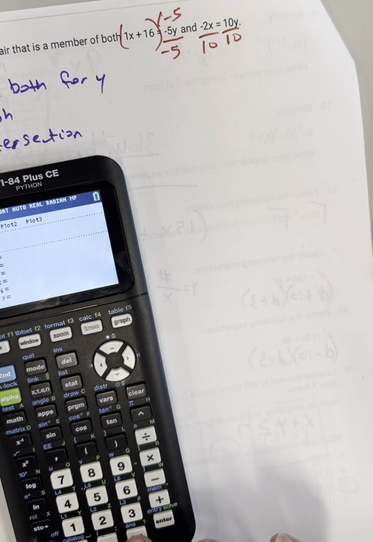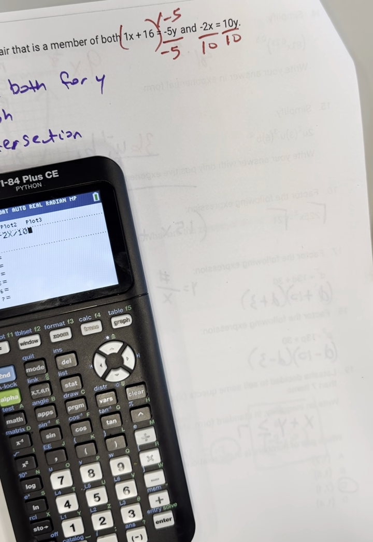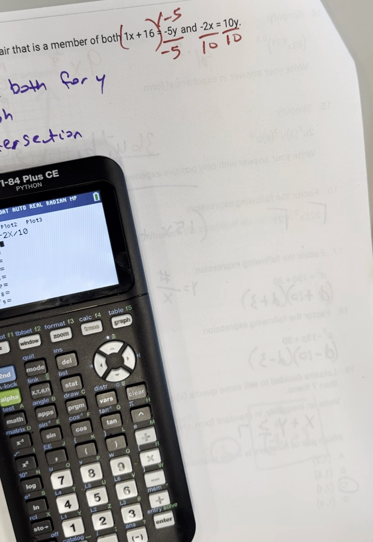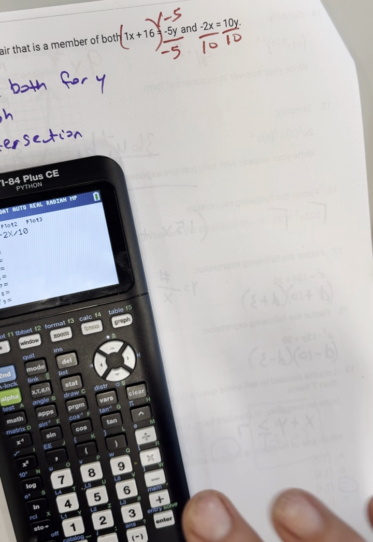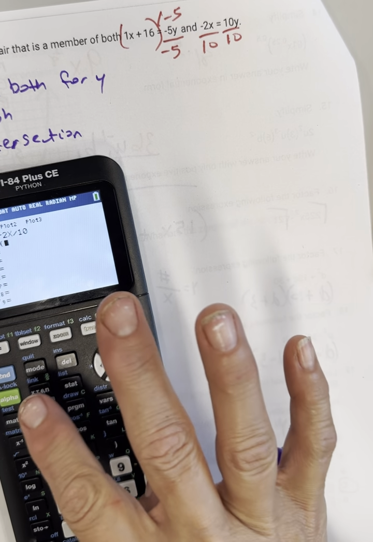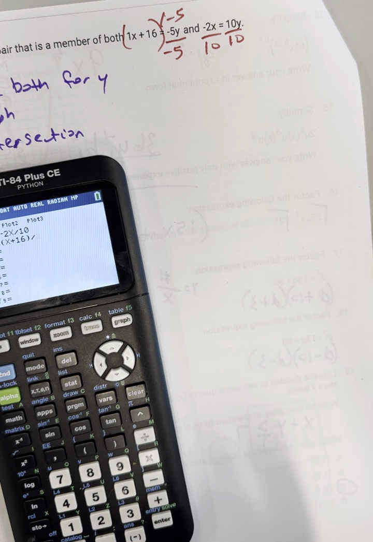So I can do -2x divided by 10, which I know is -1/5. And you have parentheses x plus 16 divided by -5.